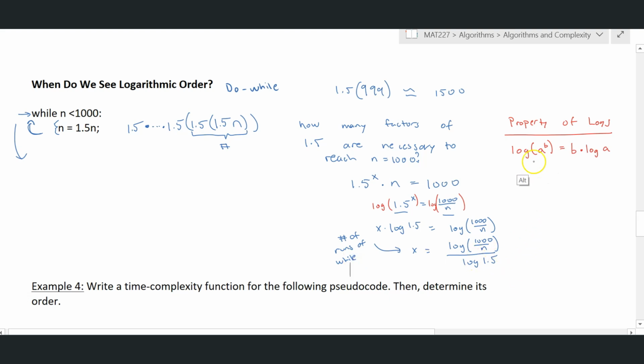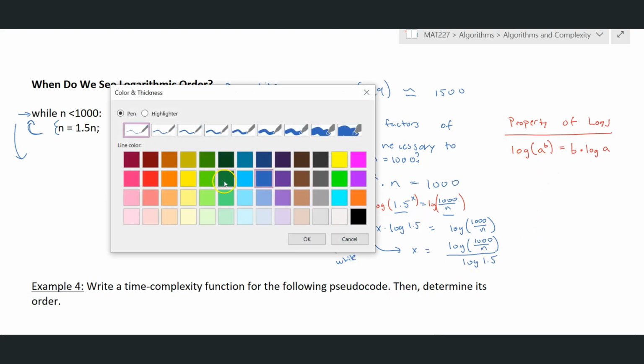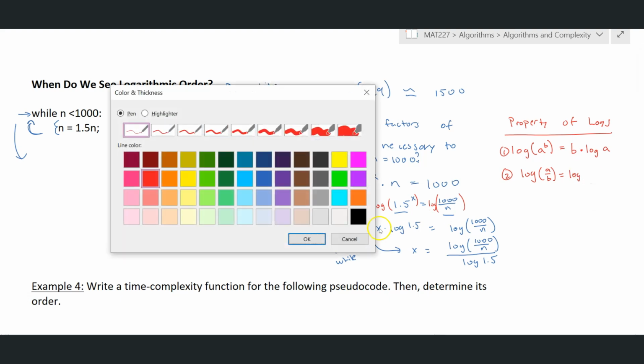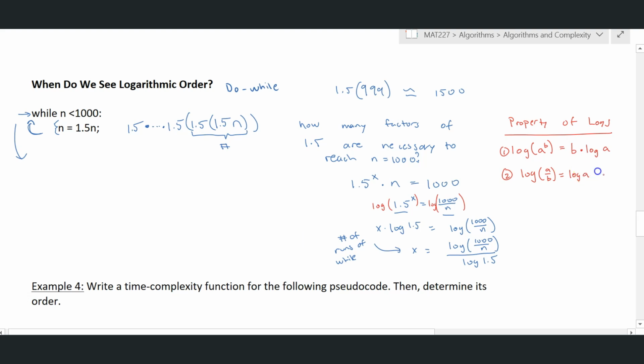And I'm going to add one or two properties here of logarithms. The second property that may be useful in seeing that this is just order log n is this property. It says that the log of a divided by b is the same thing as the log of a minus the log of b.